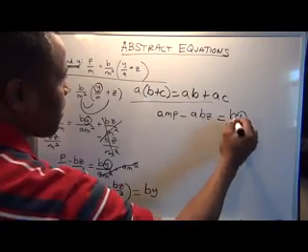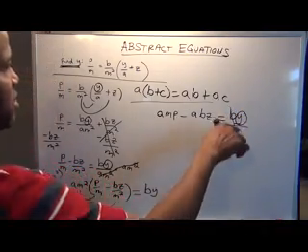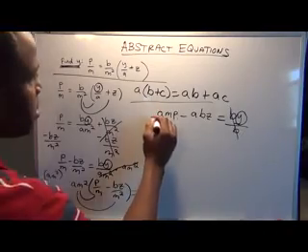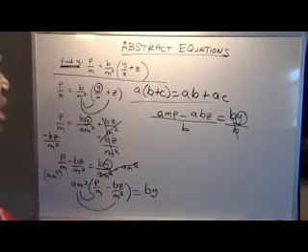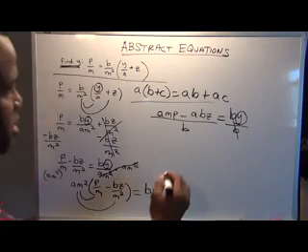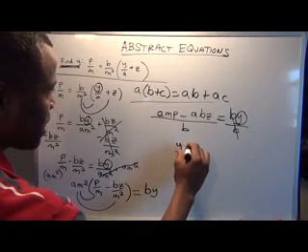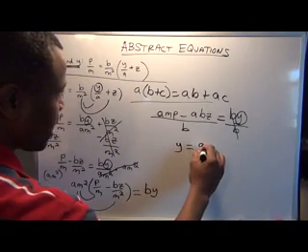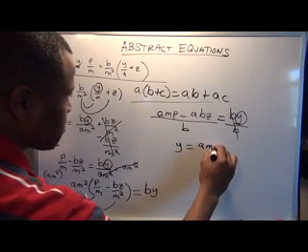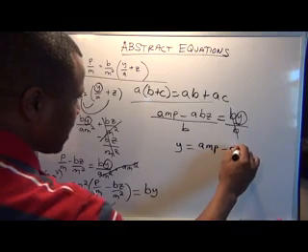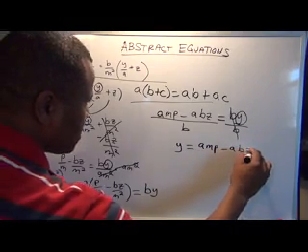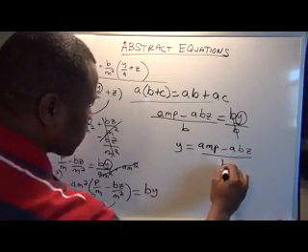We're going to divide by B to get Y by itself. Since we divided by B on the right side of the equation, we need to divide by B on the left side of the equation. So we're going to rewrite it, putting the Y first. Y is equal to (AMP minus ABZ) over B.